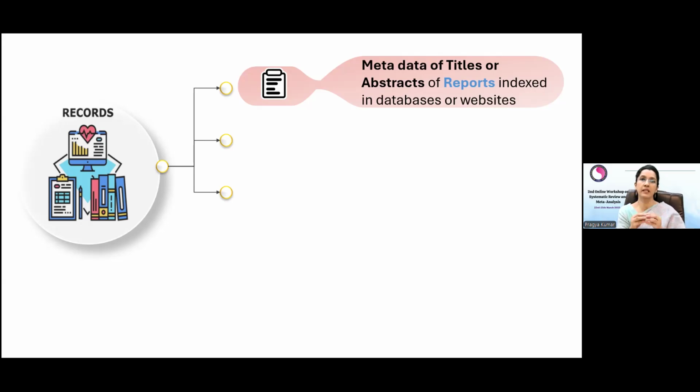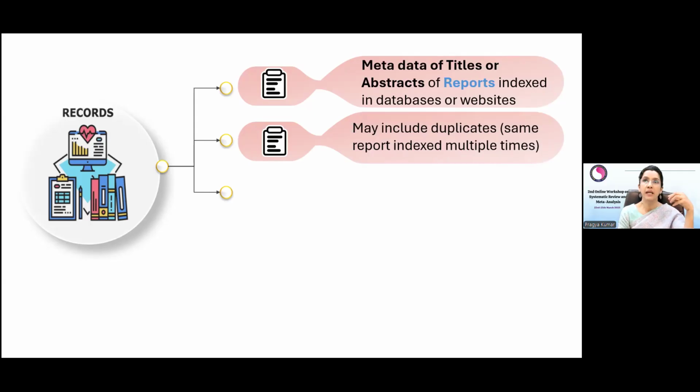With that metadata, it is indexed into that particular database, whether it is Embase, Web of Science, or Medline. And it may include duplicates, because if you go back and see the RAN and the studies you imported, you will see there were 16 or 17 duplicates, even in that small number of included citations.